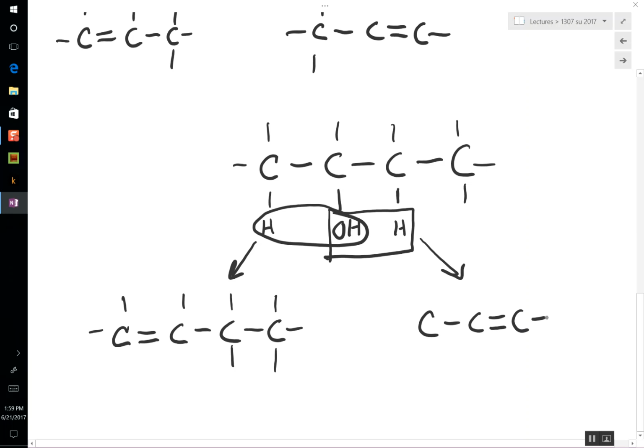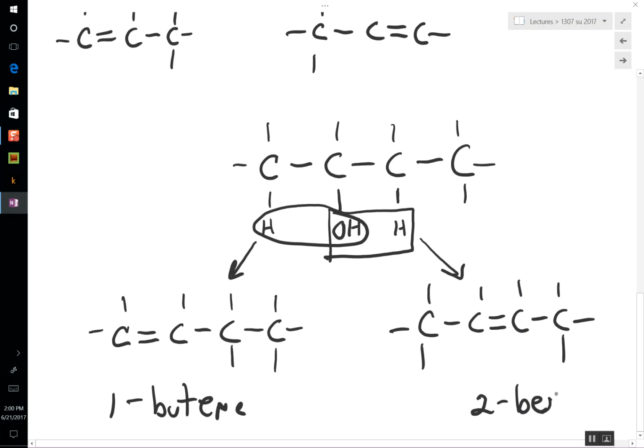The double bond's going to form between the two carbons where the water eliminated. Right there. Those are different, aren't they? Those are different molecules. This is 1 butene, and this one is 2 butene. And those are two distinctly different products.